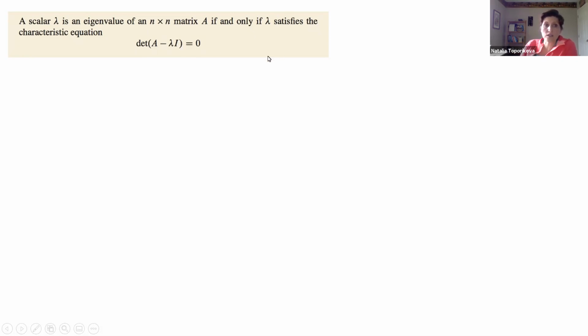This characteristic equation is essential for helping us find all the eigenvalues of our matrix.